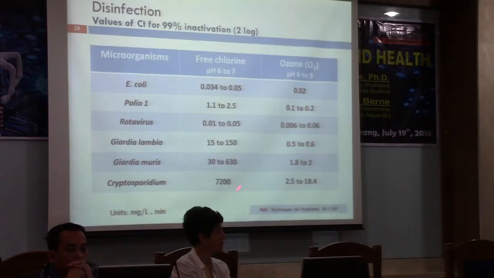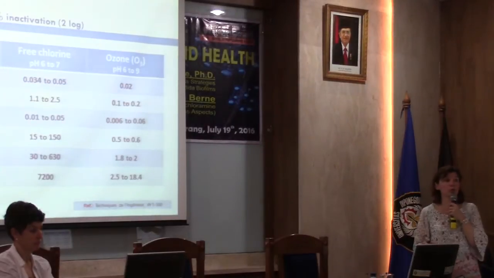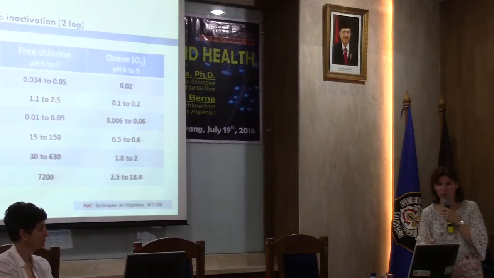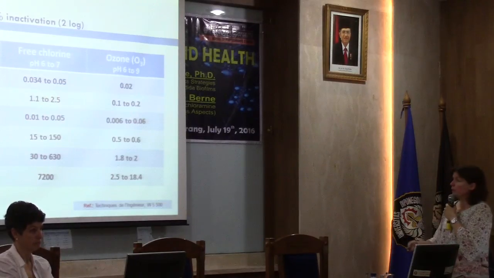While when the CT value is high, the microorganism is very resistant to this oxidant. So you can see that bacteria are generally more sensitive than viruses and then protozoans. And if we compare the 2 oxidants, you can see ozone is a better oxidant to do disinfection than chlorine. But chlorine is a good disinfectant, nevertheless.